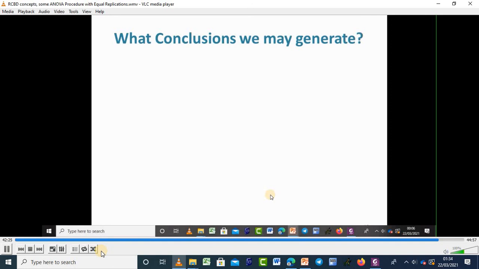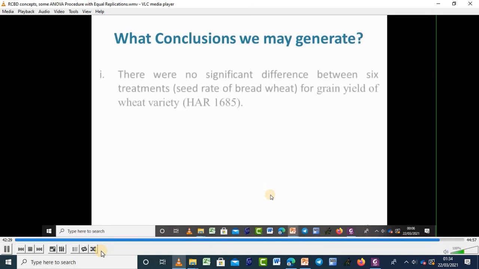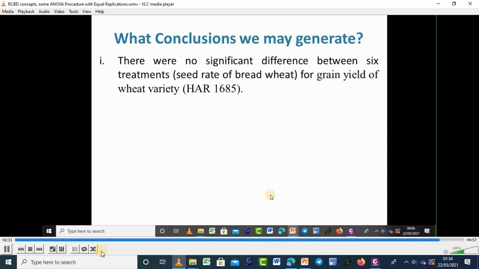So, from this table, what conclusions may we generate in general? The first is that there were no significant differences between the 6 treatments.